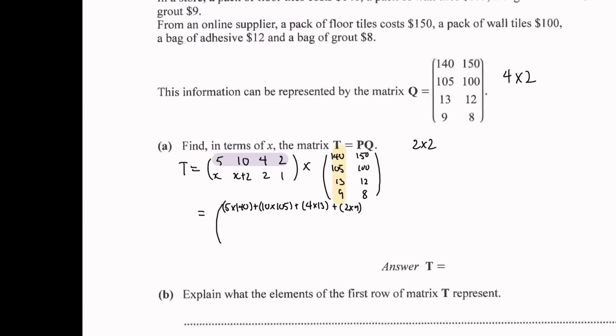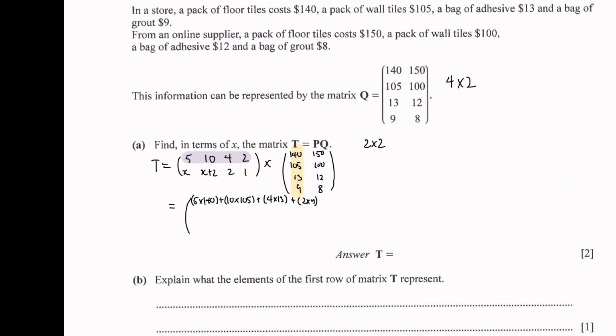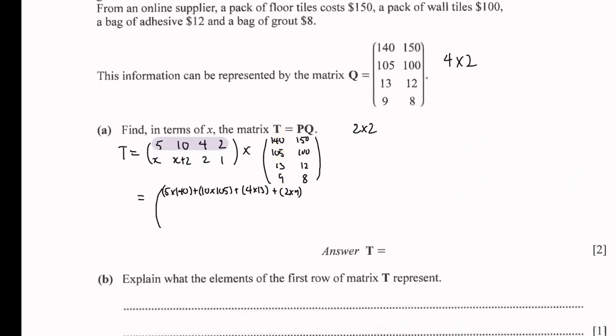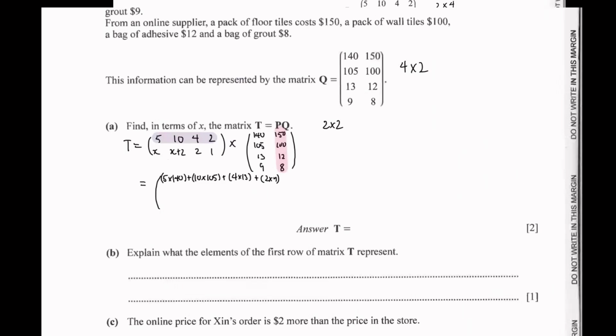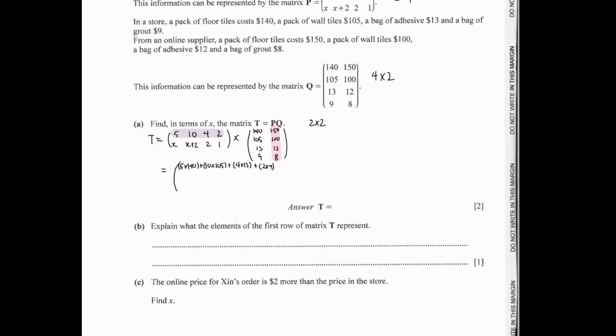Okay, now we can move on to the top right-hand element. For that, we are going to multiply the one in purple and the one in pink. So we have 5 times 150 plus 10 times 100 plus 4 times 12 plus 2 times 8.